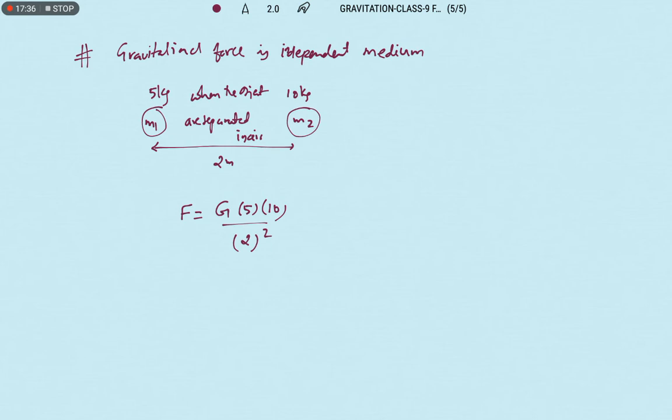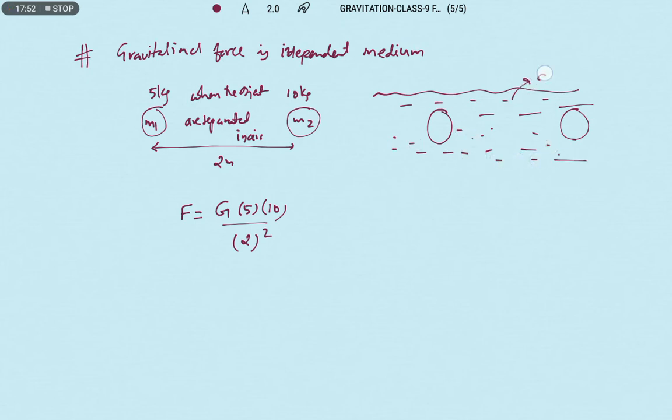Now we are immersing the two bodies in a liquid, a liquid of density rho equal to 750 kg per meter cube.